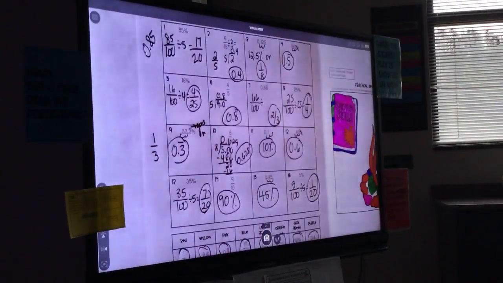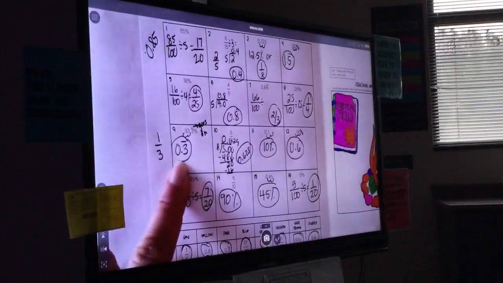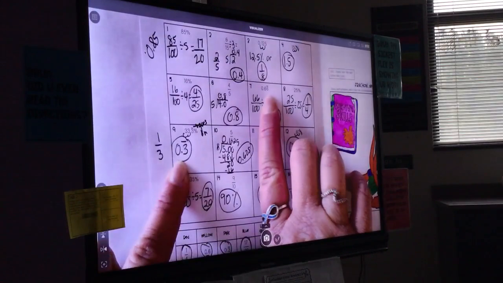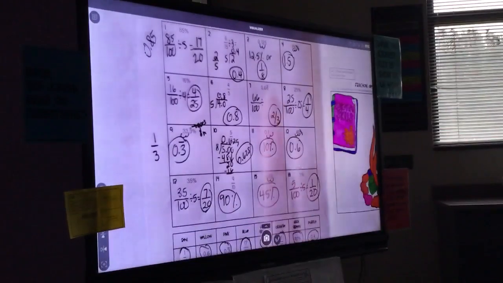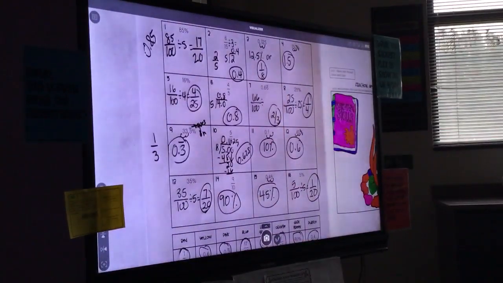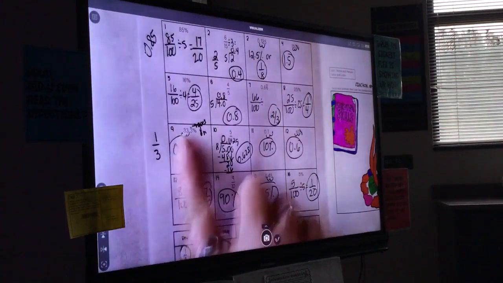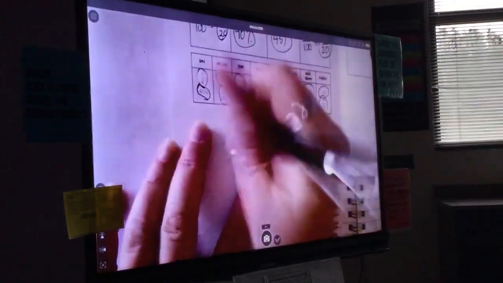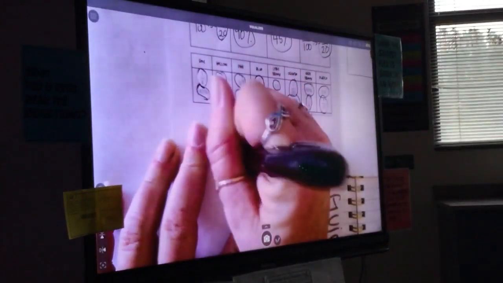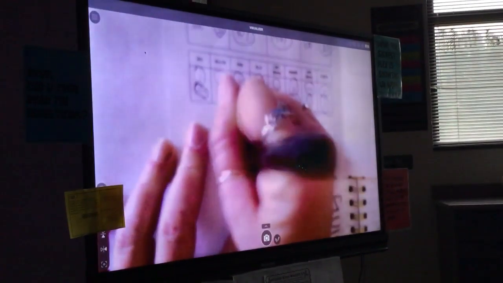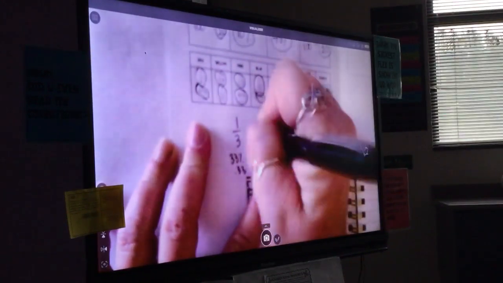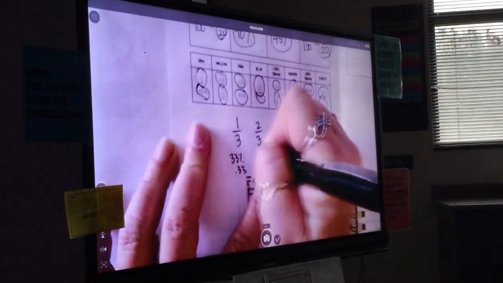So if this is 1/3, guys, take a look at this number. It's 2/3. That personally was the only way that I could figure it out, because this is essentially 1/3. That's another 1/3. So 1/3 is 33% or 33 hundredths. 2/3 is 66.67%.